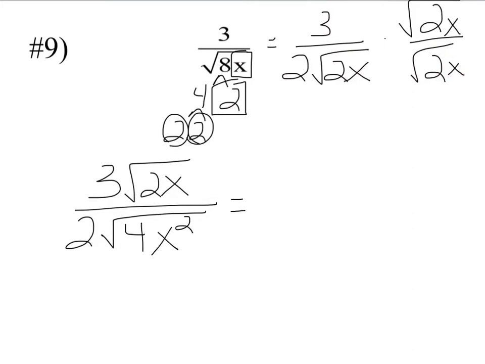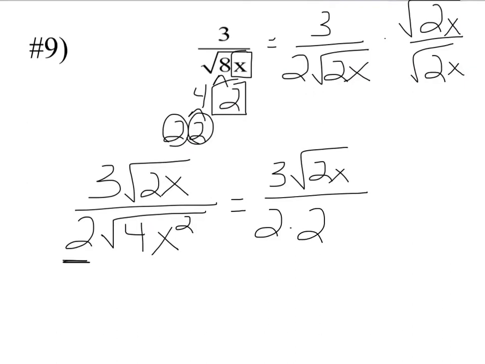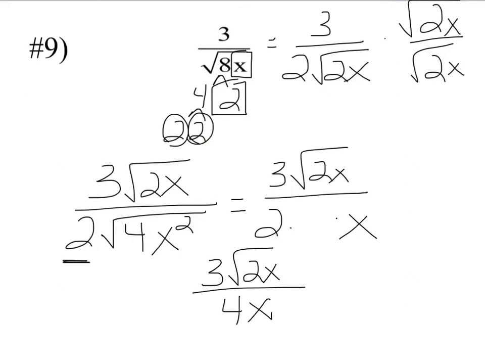Okay, let's clean this up some. I've got 3 square roots of 2x over the square root of 4 is 2. So I have 2 times, that was my original 2 right here, and then the square root of 4 is 2, and the square root of x squared is just x. So that leaves me with 3 square roots of 2x over 2 times 2 is 4x.